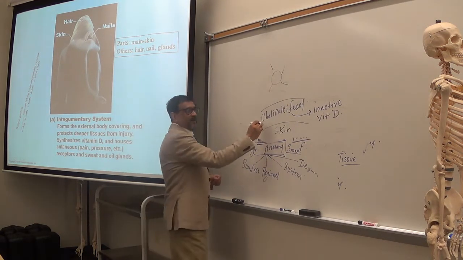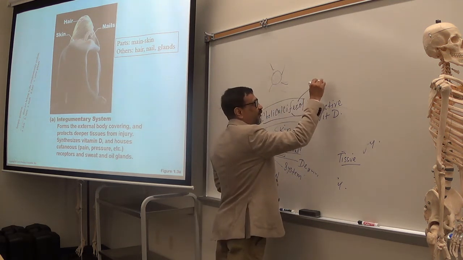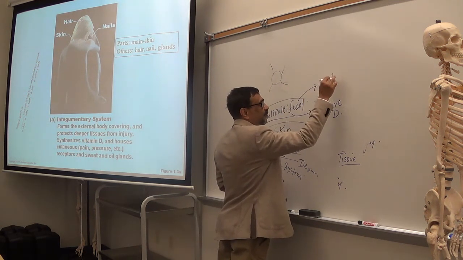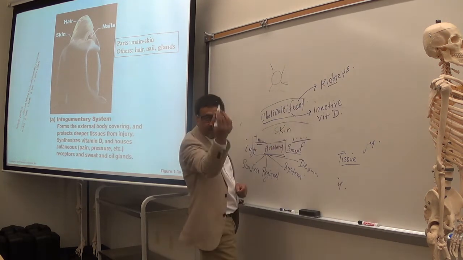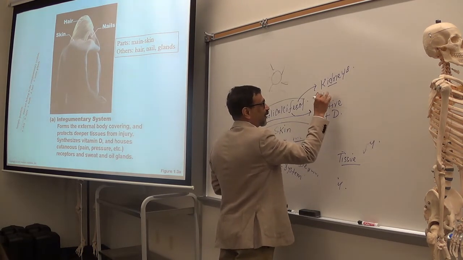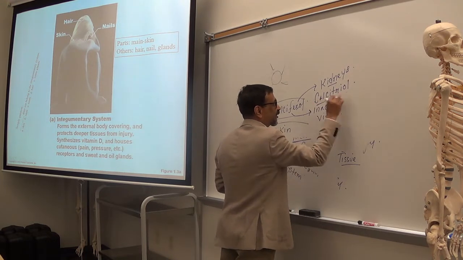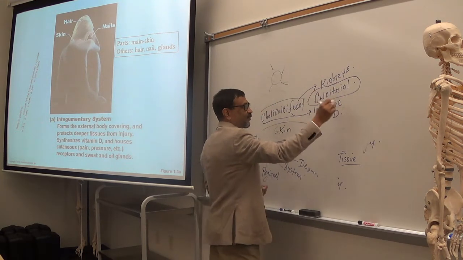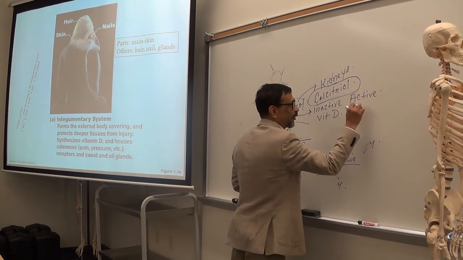Then this cholecalciferol is taken to the kidneys. And inside the kidney, it will be converted to active form that is called calcitriol. Calcitriol is active or inactive? Active vitamin D. Okay.